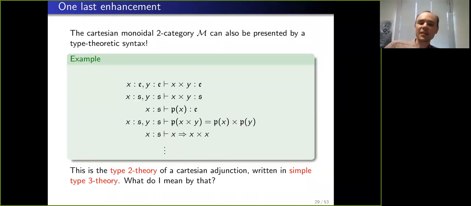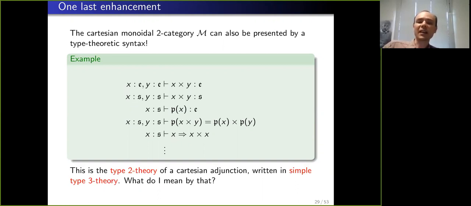So this is a type theory here, a different type theory than the one we're sort of studying. It's sort of a meta type theory or a mode type theory, where the types in this mode type theory are the modes like E and S. And then we give these modes structure, like we give them Cartesian product structure or monoidal product structure, the same way that we give a type in ordinary simple type theory a monoid structure or a ring structure by giving it operations on these types, right?